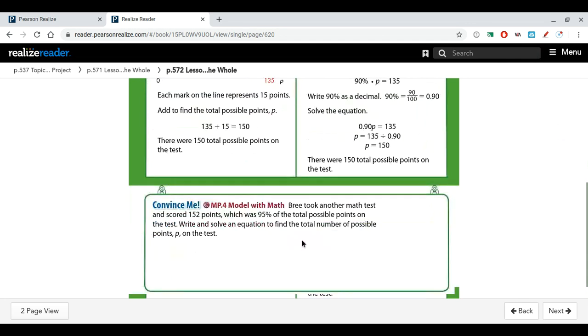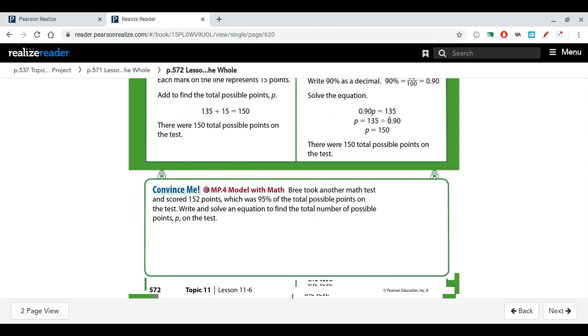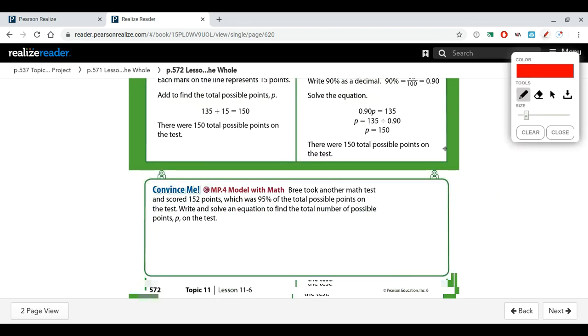All right, so if we move into the convince me, Bree took another math test and scored 152 points, which was 95% of the total possible points on the test. Write and solve an equation to find the total number of possible points P on the test. So here's the nice thing. My percent is going to be written as a decimal, so it's 0.95.